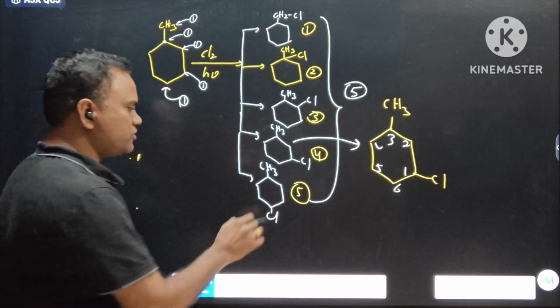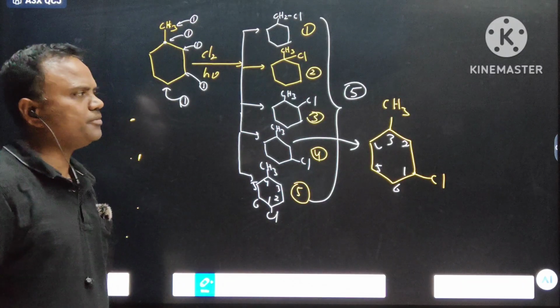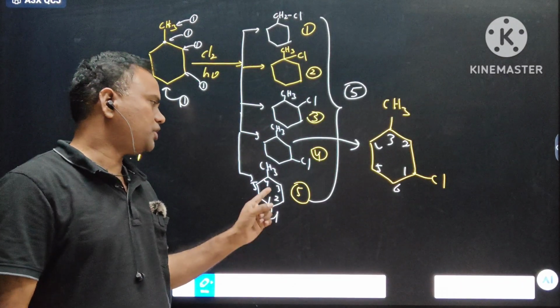Fifth compound IUPAC name, 1, 2, 3, 4, 5, 6: 1-chloro-4-methyl cyclohexane.